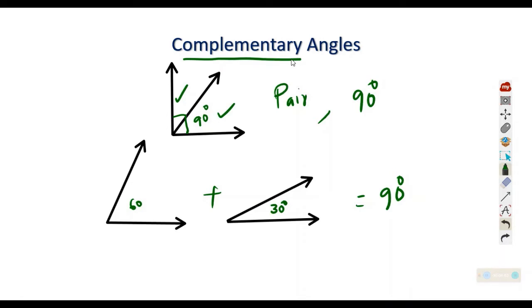Okay, this is the second type of pair of angles you studied in the last class. Now moving ahead, we studied about supplementary angles. In supplementary angles, the sum of a pair of angles is 180 degree.